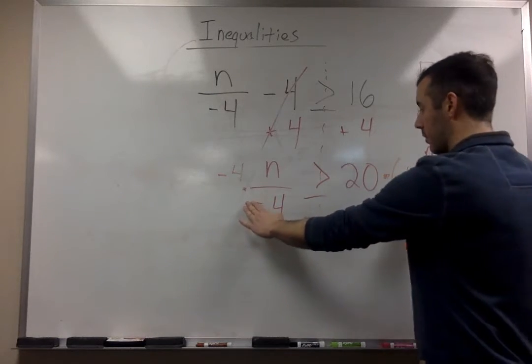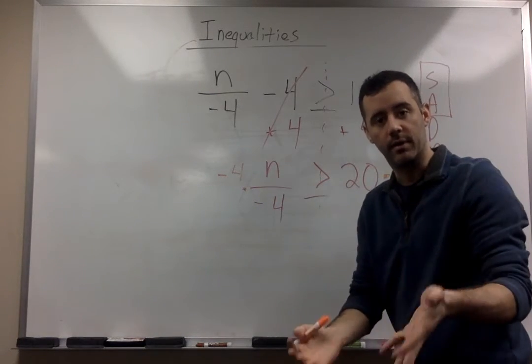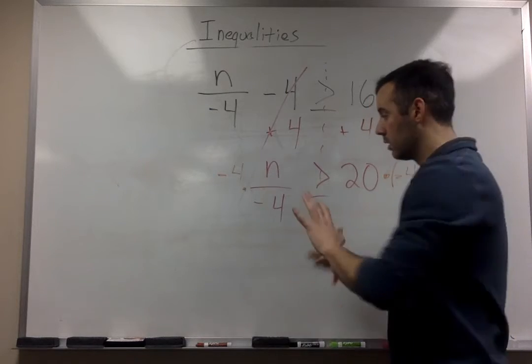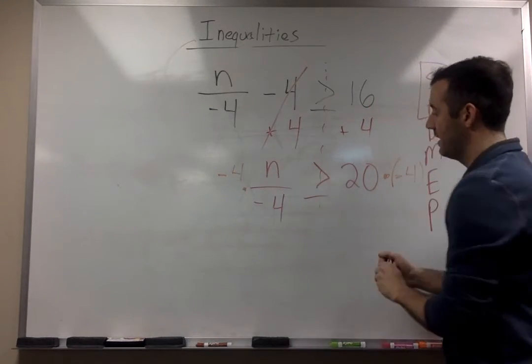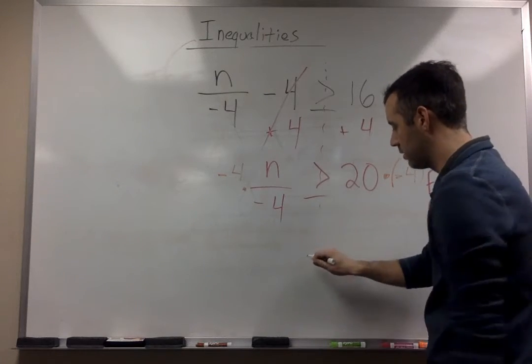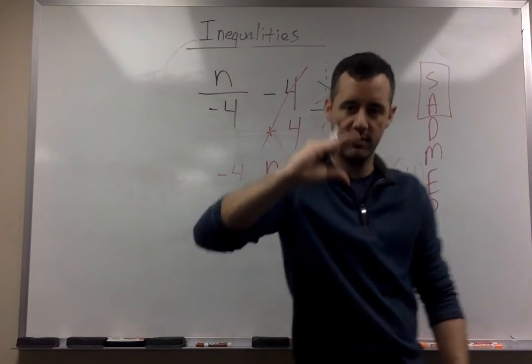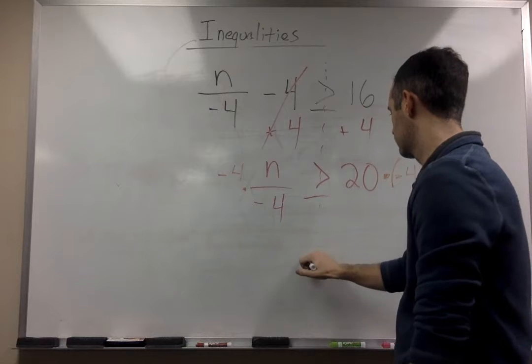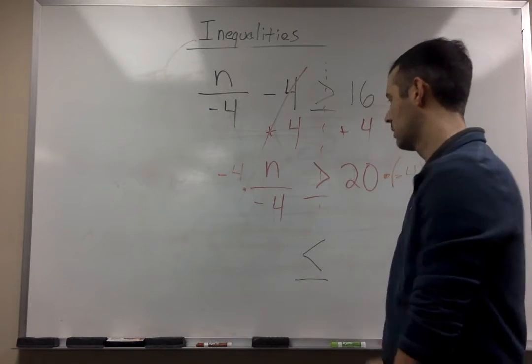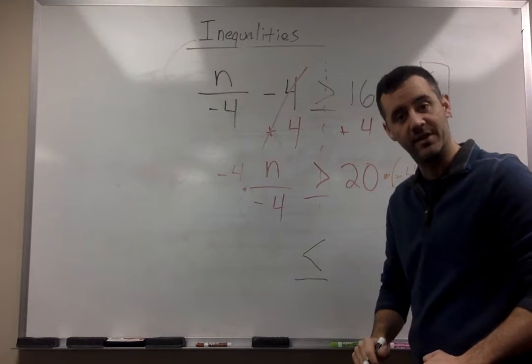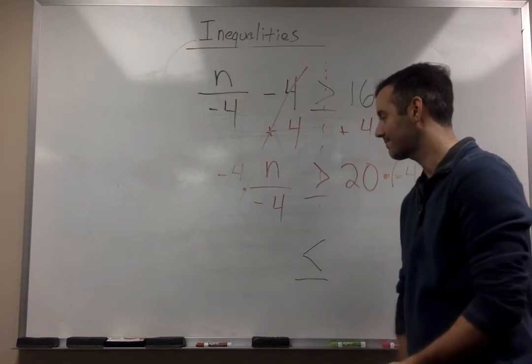I'm multiplying both sides by a negative. Remember, if I multiply or divide both sides by a negative for an inequality problem, that means I have got to flip my sign over. So it goes from this to this, right? Do that first thing so you don't forget, because it's easy to forget.